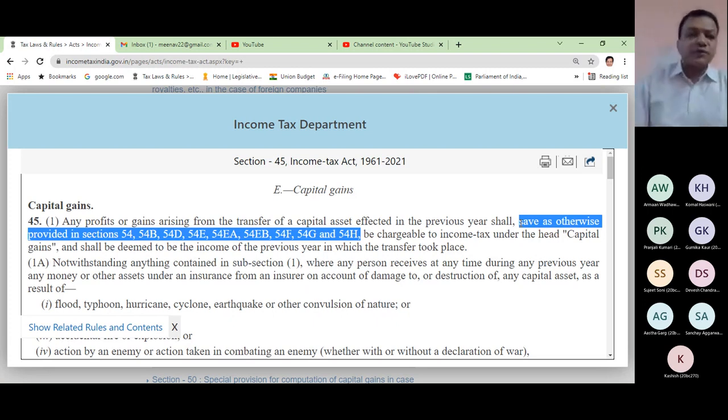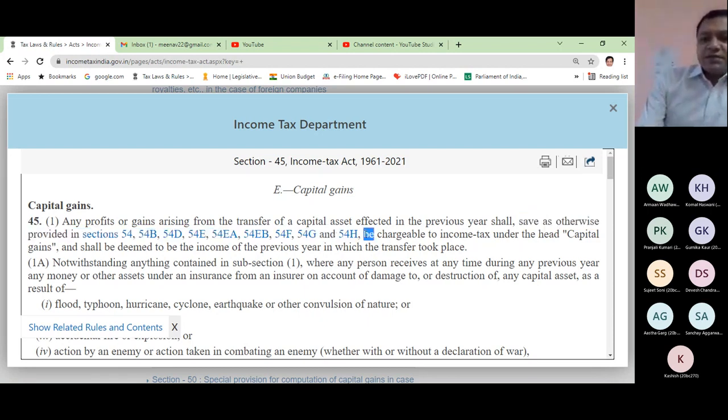So what this 45 subsection 1 wants to convey, that when you transfer the capital asset, do remember that it has passed the test of section 54, 54B, D, E, EA, EB, F, G, and that means 45.1 is inferior than these sections. So first you must have the knowledge of these sections 54, 54B, etc. If you have the knowledge of these sections, you apply those provisions, then you apply the provisions of 45.1. This is what the point is.